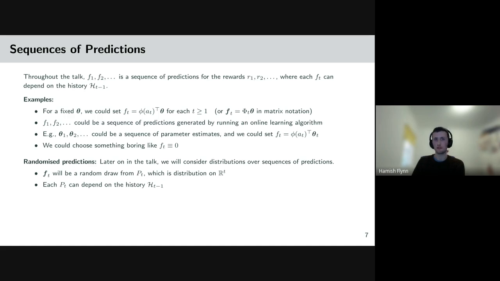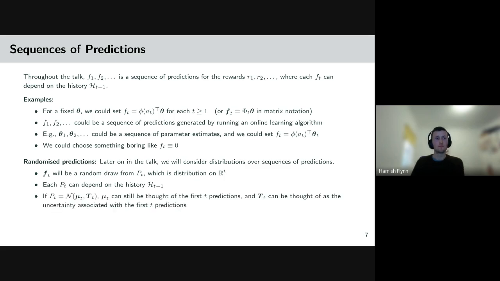And if we wanted to do things formally, then I think the proper way to describe what pt is would be to say that pt is a probability kernel or even a regular conditional distribution that maps histories to sets in the t-dimensional Borel sigma algebra.